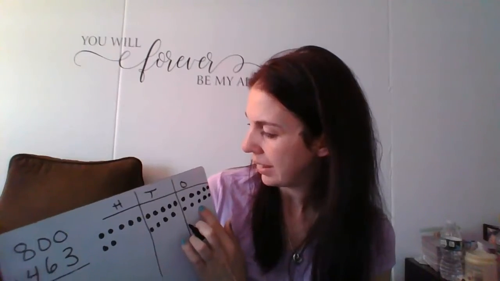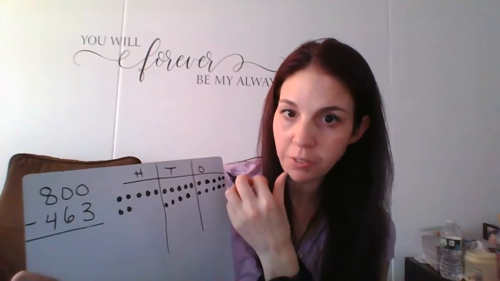Then the other group of 10 is over here. Okay? So 700 and 9 tens and 10 ones is the same as 800.